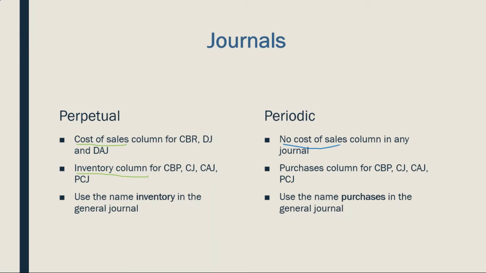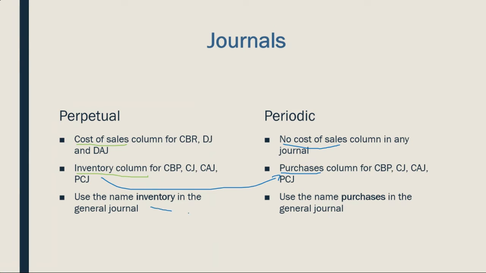We only account for the cost of sales at the end of the financial period when we do a physical stock take, and we then do that cost of sales calculation to determine what the cost of sales is in this business. Instead of an inventory column here, we actually use a purchases column when we have the periodic inventory system. So we take it to the expense account rather than to the inventory account. So those are the two main differences.